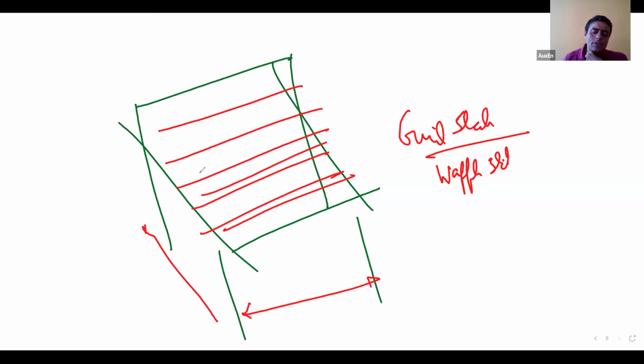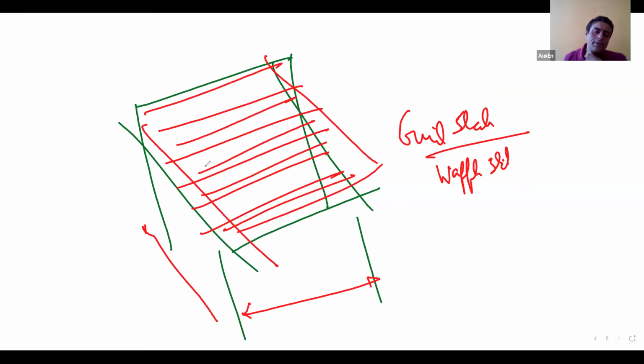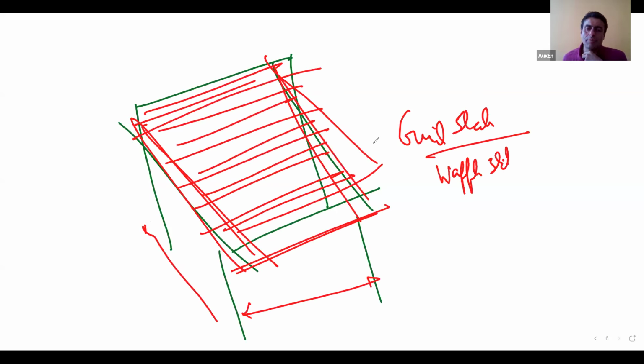So closely spaced beams, on top of it a slab, and then some primary beams at column locations. The load transfer happens from your slabs to these closely spaced beams, to the main beams, to the columns. So you can think of these grid slabs or waffle slabs also. Any confusion till now?